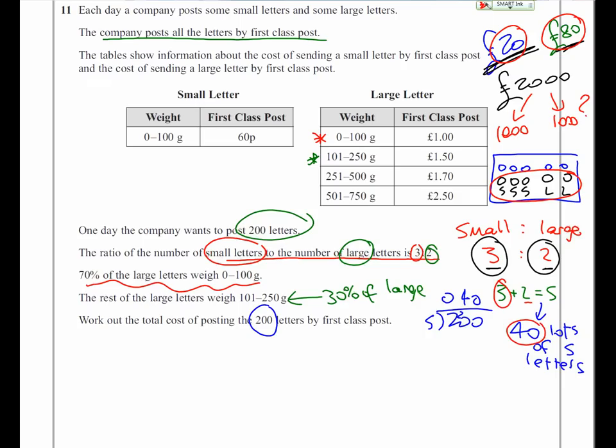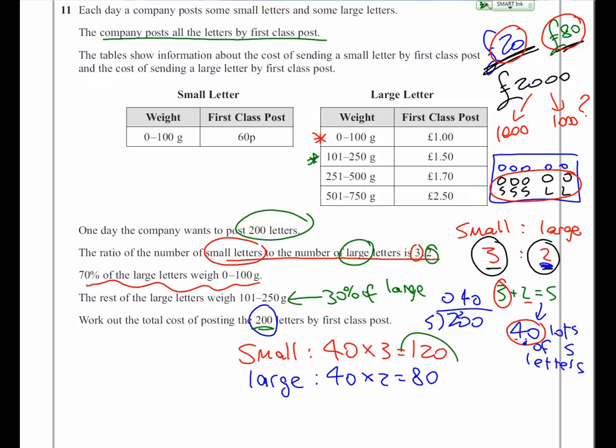So if we've got 40 lots, to work out how many small, it's going to be 40 lots of 3. 40 times 3. 4 times 3 is 12, add the 0 on. For large, watch the magic happen of maths here. It's 2 for every 5, and there's 40. 2 times 40 is 80. Why did I say it's magic? Because we said we had 200 letters, and it adds up perfectly.